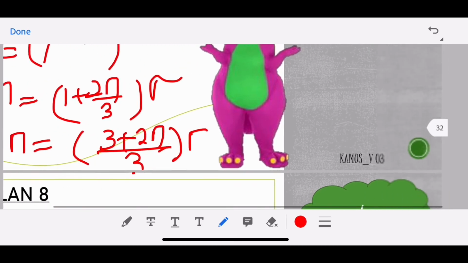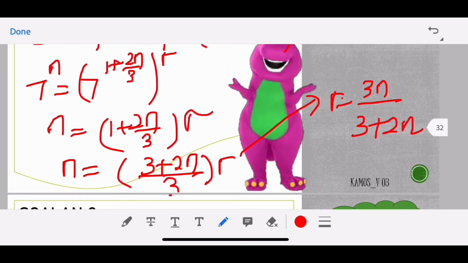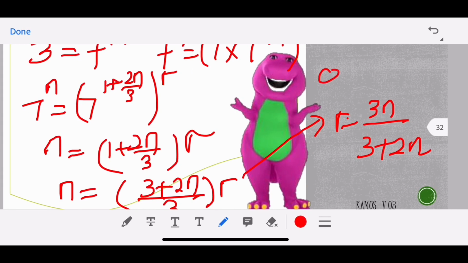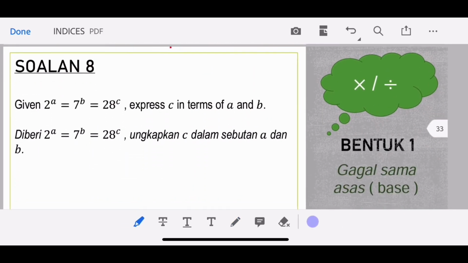So finally our answer, we have to express r, r is equal to mn over m plus 2n. So that is how you write the r in terms of the m and n. Okay, so it's quite simple, right?